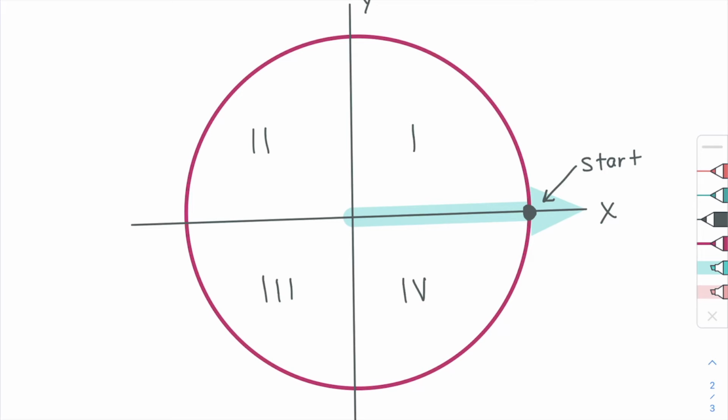You're going to take the piece of string that you just cut, put one end at the starting point, and wrap that piece of string around the circumference of the circle as far as you can get it. Then you're going to use that marker and mark off the end of the string.